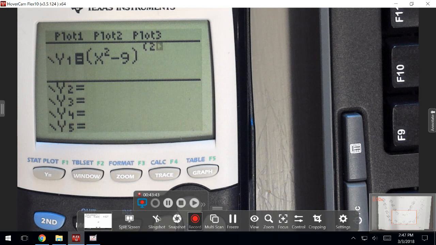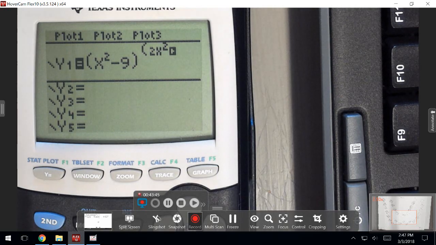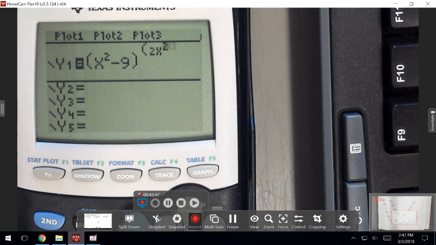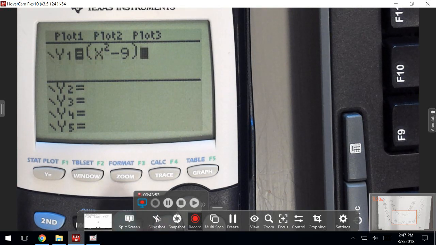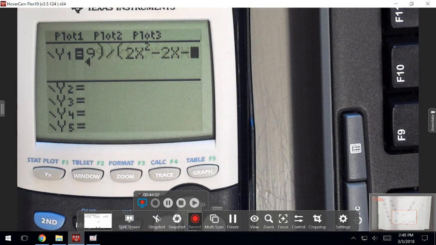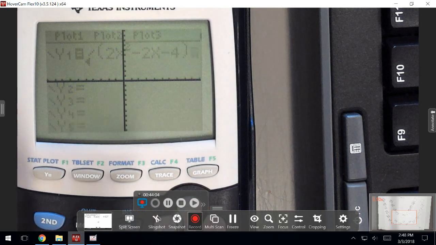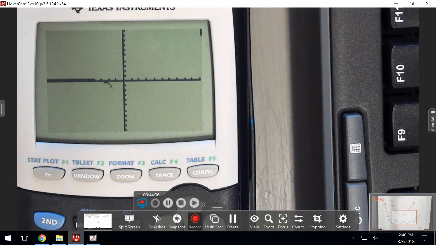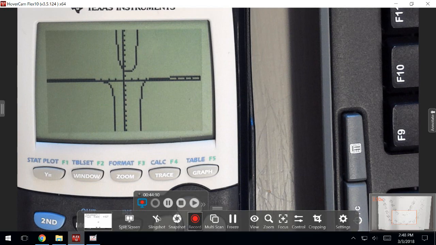Divided by 2x squared minus 2x minus 4. Then we'll hit graph. And we know we're going to get 3 pieces because of the asymptotes.